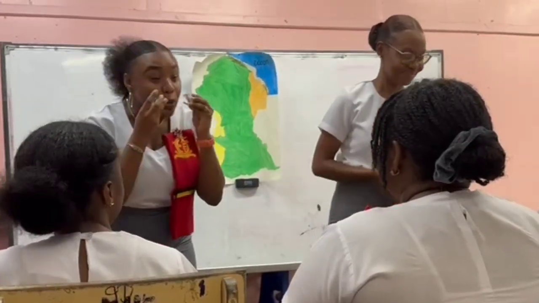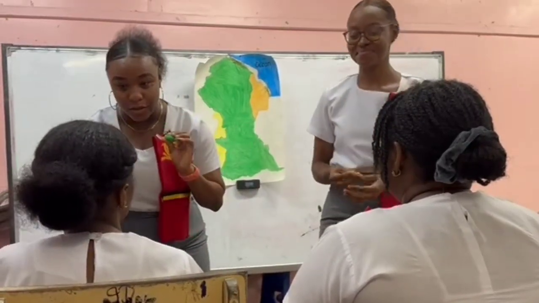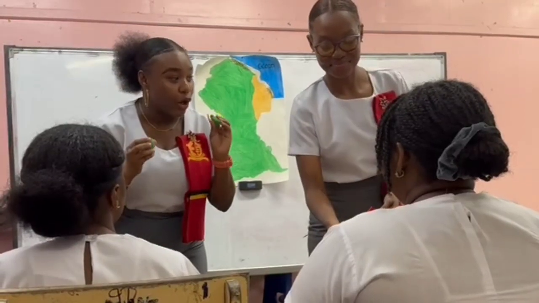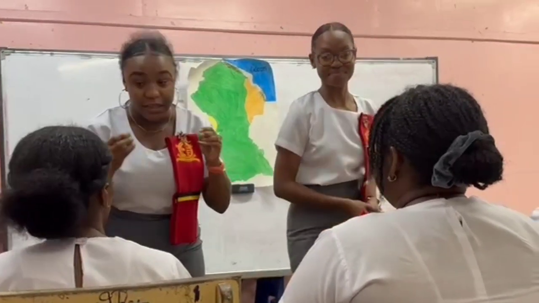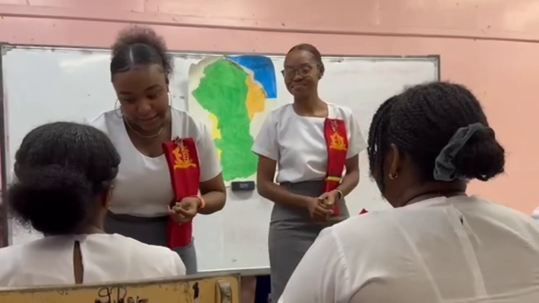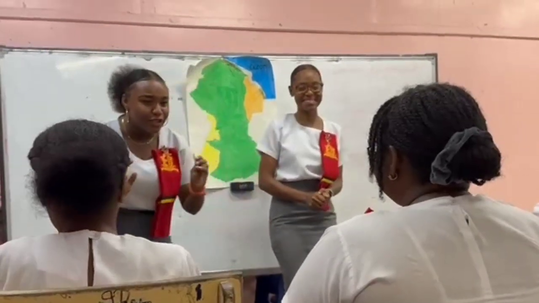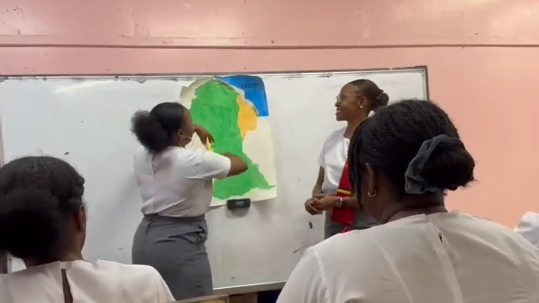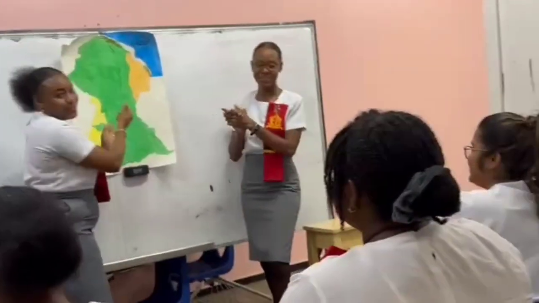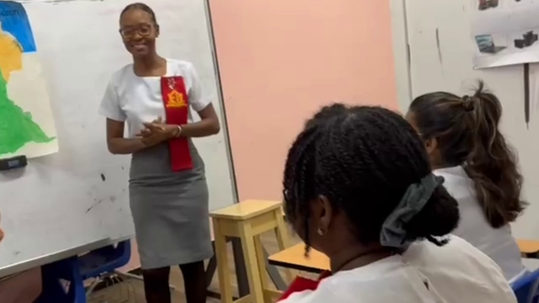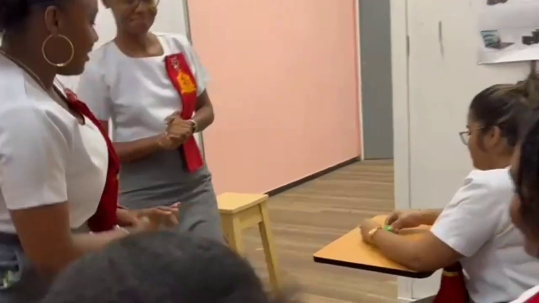So teacher would like you now to use the Play-Doh and model something that you've seen in the lesson. Let me see who is that brave and skillful child that will model the map. Let's try. Come on.